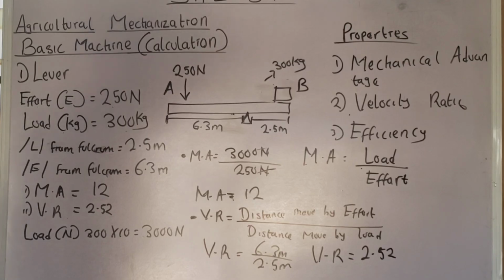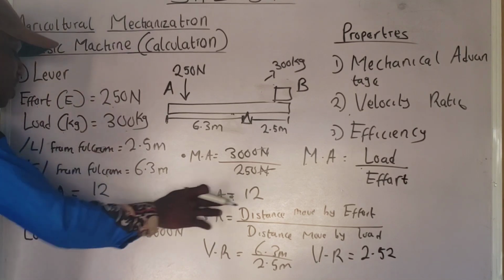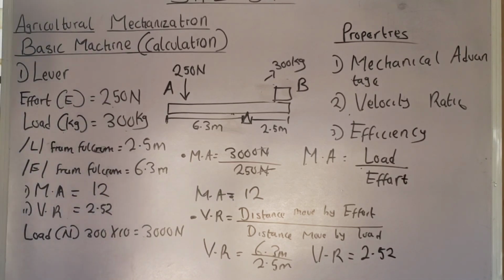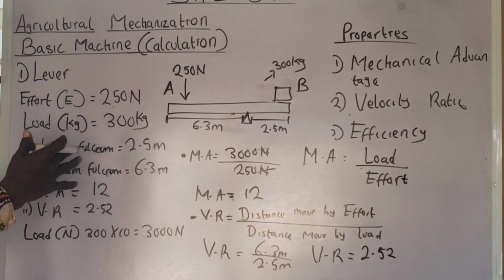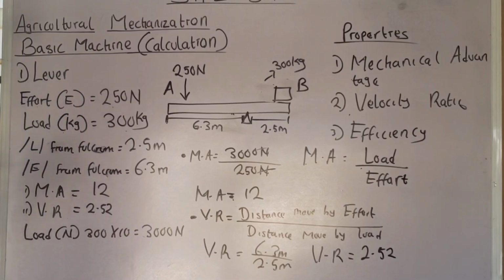Having gotten your mechanical advantage as 12 and the velocity ratio as 2.52, you can easily determine the efficiency. You just have to divide 12 by 2.52 and multiply by 100. That is the efficiency. So take that as the first calculation, under lever.